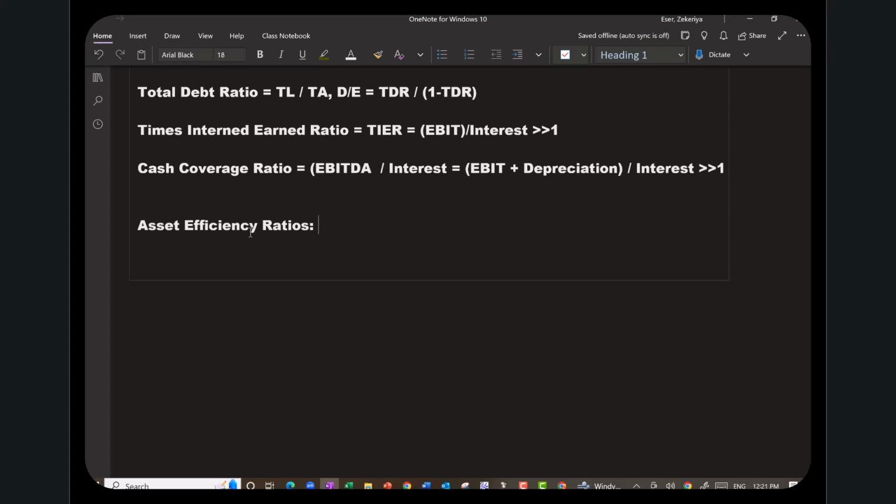We're going to look at things like total asset turnover. Then we're going to look at profitability ratios. The mother of all of them is ROE, return on equity. We also look at things like profit margin, return on assets. And we're going to look at price multiples.